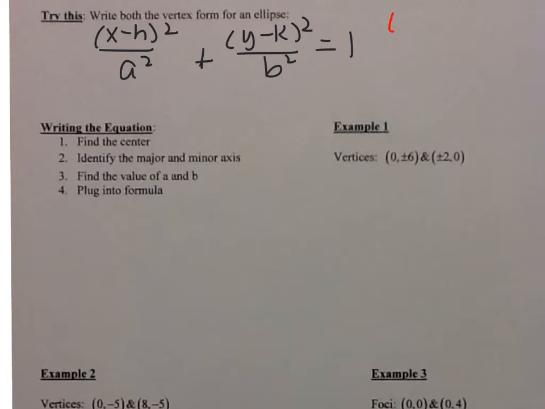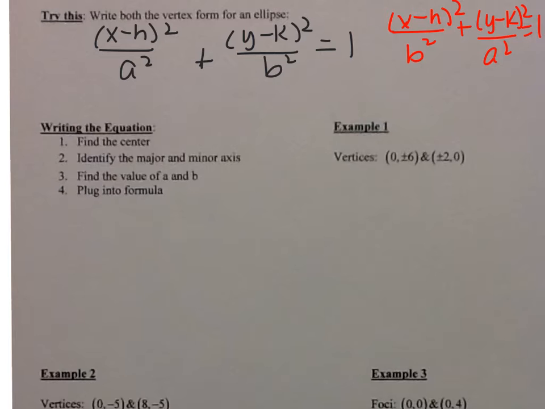Or it could be (x minus h) squared over b squared, which would be your minor axis as the horizontal axis, plus (y minus k) squared over a squared, so your major axis is the vertical axis, and that equals 1. Remember, it always has to equal 1.